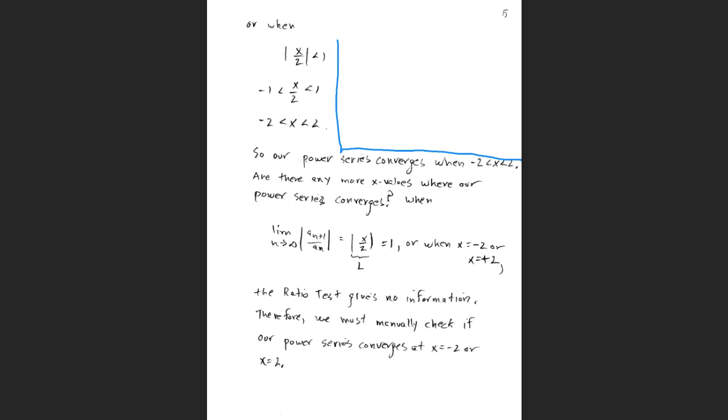Let's say that x were equal to 1. If that's true, then our power series... 1, I'm sorry, is inside this interval. 1 is between -2 and 2.